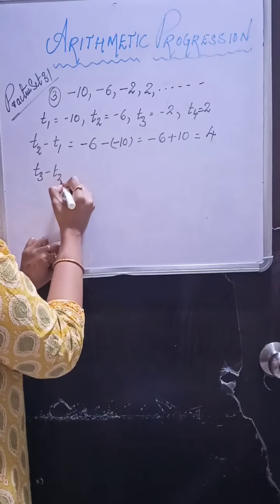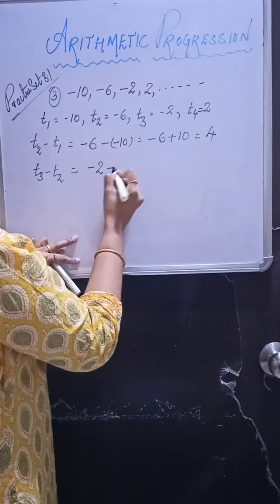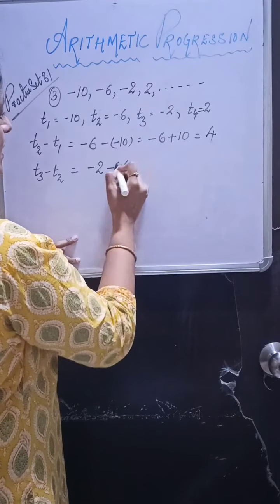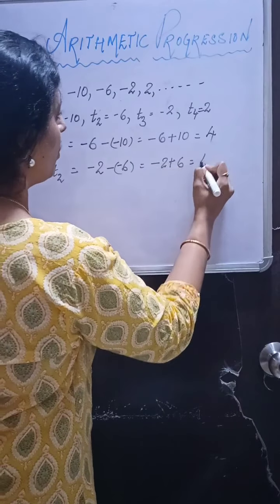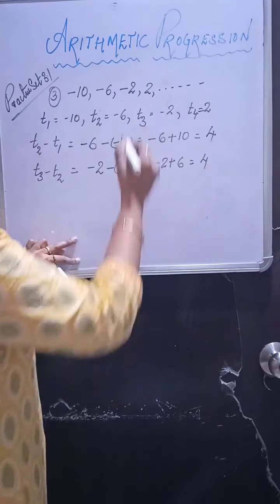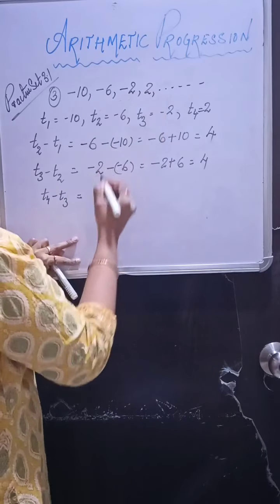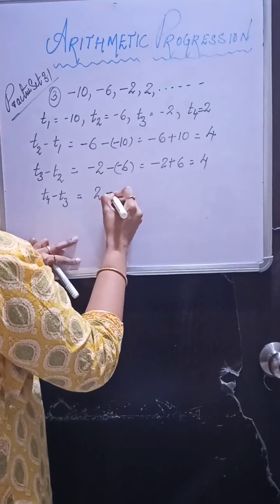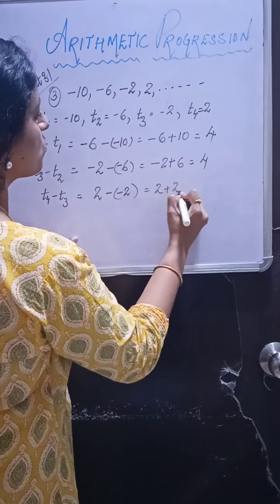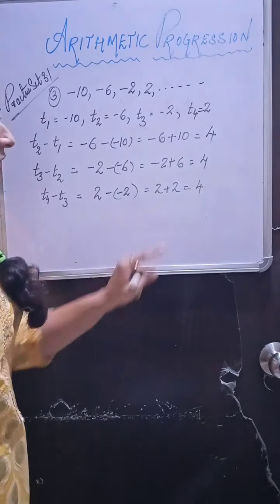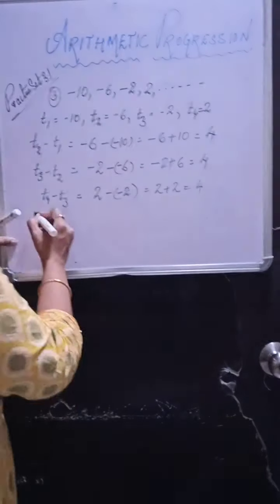T3 minus T2 is minus 2 minus of minus 6, minus 2 plus 6, which is equal to 4. Next, T4 minus T3 is 2 minus of minus 2, which is 2 plus 2, 4. The difference is the same.